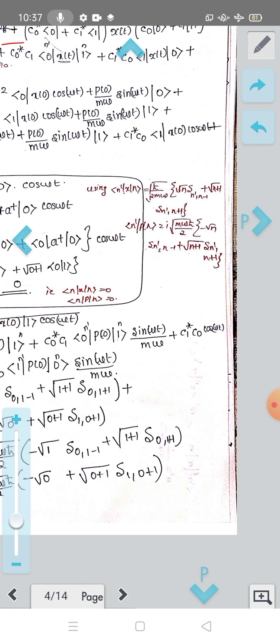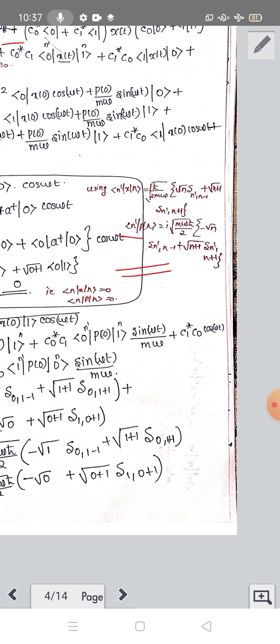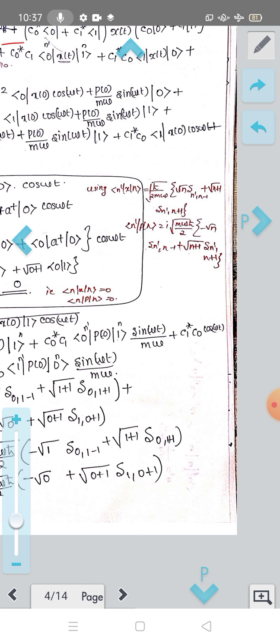So the other terms are cancelled, and you can directly find this from the matrix representation. Similarly for P, the matrix element bra n prime P ket n is i times root of m omega h cut by 2, times minus root n delta n prime comma n minus 1. So the matrix element exists only when n prime equals n minus 1, and also when n prime equals n plus 1.